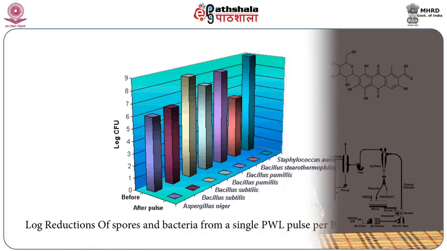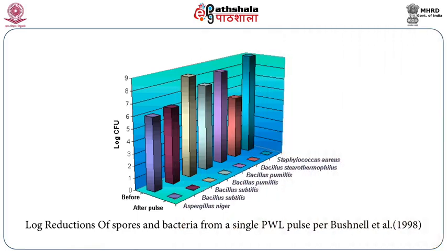Several scientists have conducted research on log reduction of these different pathogens in different foods by applying high intensity light. You can see in the e-text there is a graph in which different organisms are shown: Staphylococcus aureus, Bacillus stereothermophilus, Bacillus pumilus, Bacillus subtilis, Aspergillus niger.